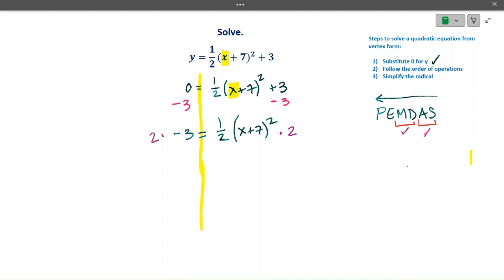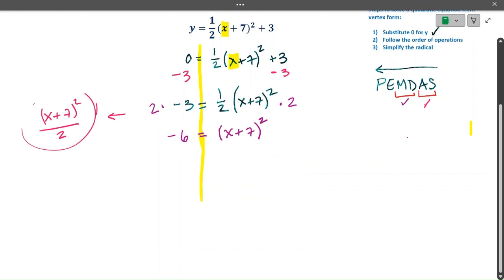It's the same thing as dividing by one half. I just feel like I make fewer errors that way, and I've seen that work for students. So we're left with this. Also, by the way, if you see this expression right here, it's the same as one half times the quantity x plus 7 squared.